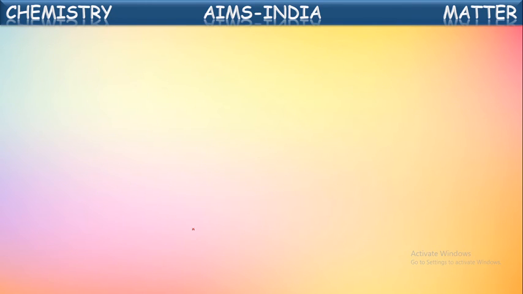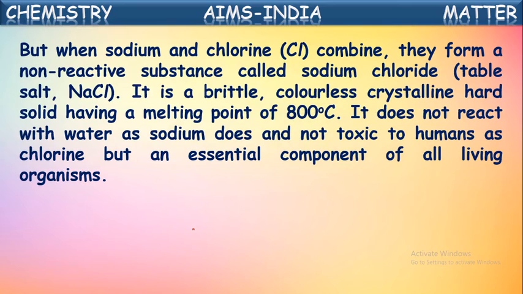Now, when sodium and chlorine combine, they form a non-reactive substance called sodium chloride. NaCl is formed when sodium and chlorine combine. It is a brittle, colorless, crystalline, hard solid having a melting point of around 800 degrees Celsius.